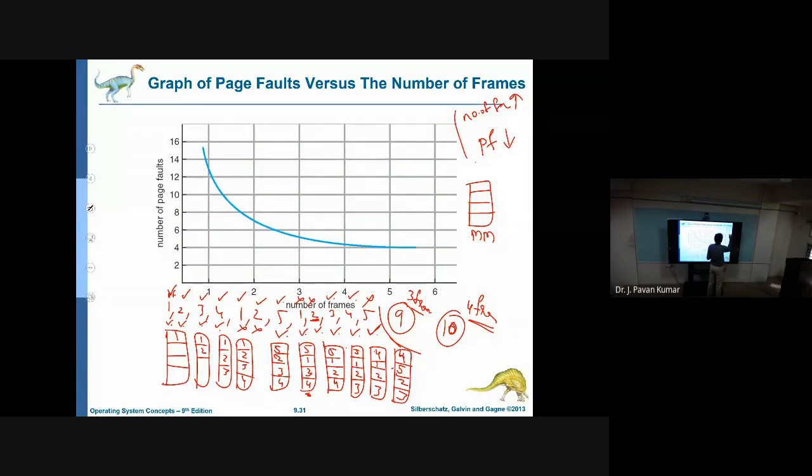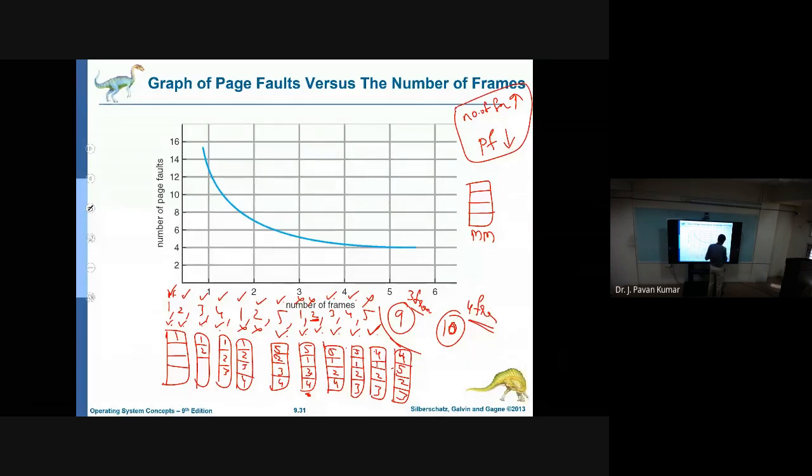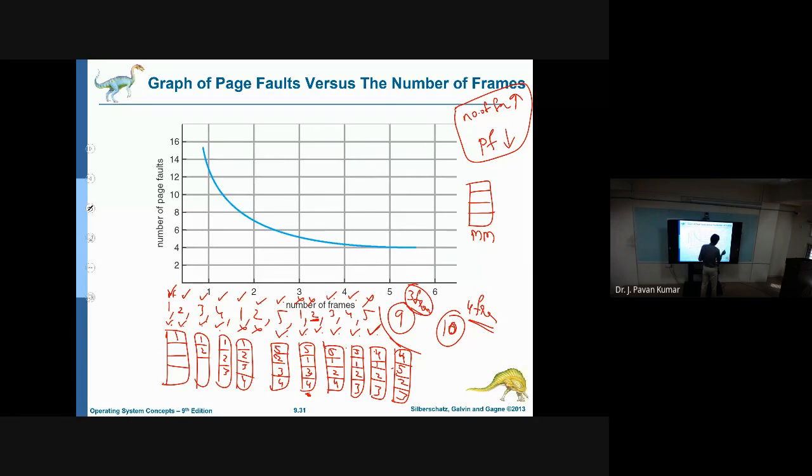This is the intuition. But in this particular example, you can observe that from 3 frames to 4 frames, the number of page faults is being increased, not decreased. This particular anomaly we call Belady's anomaly.